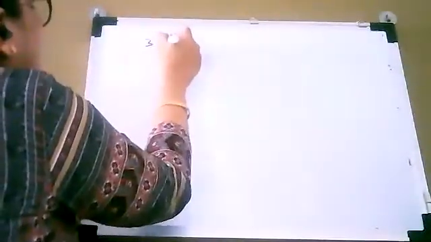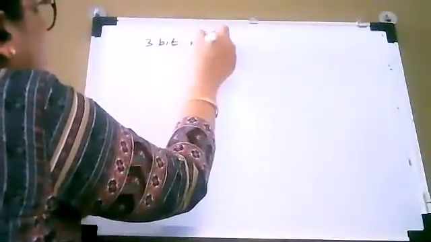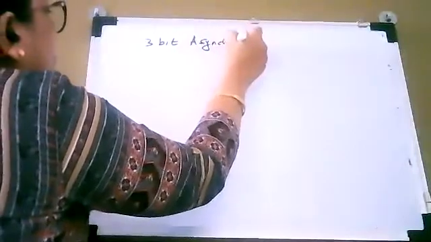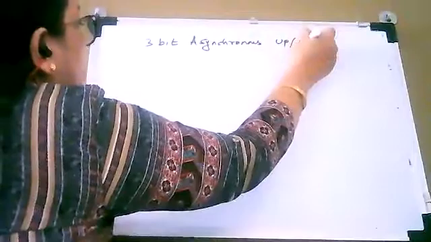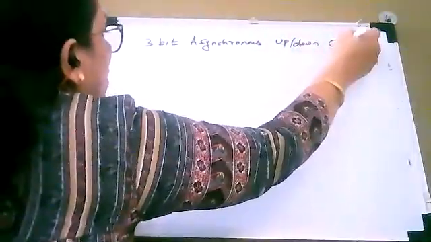It is called a 3-bit asynchronous up-down counter.